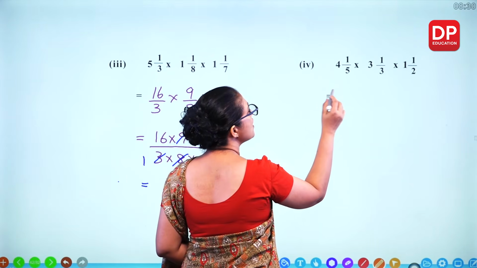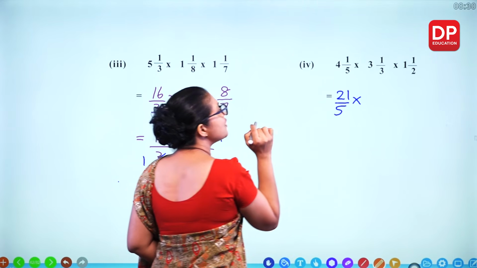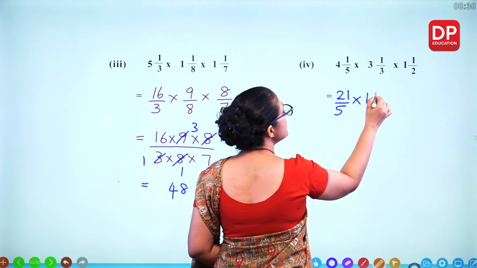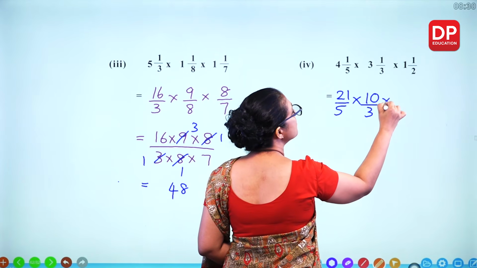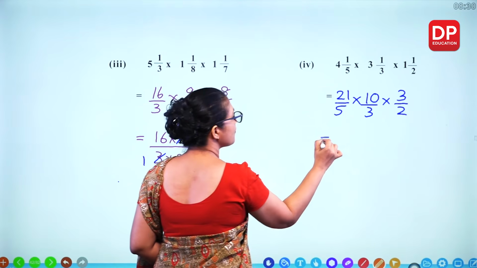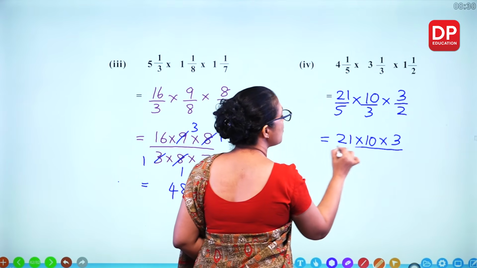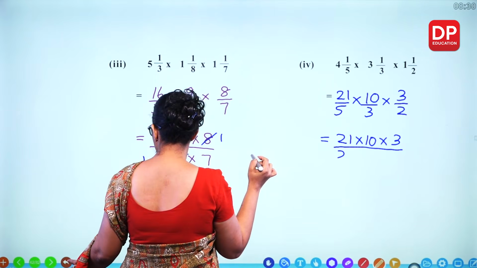This one. 4 times 5, 20. 20 and 1, 21. 3 times 3, 9. 9 plus 1, 10. 2 times 1, 2. 2 plus 1, 3. Multiply the numerator separately, denominator separately.